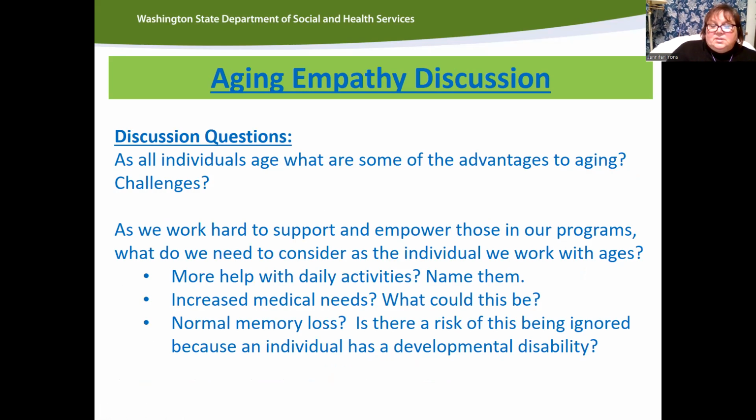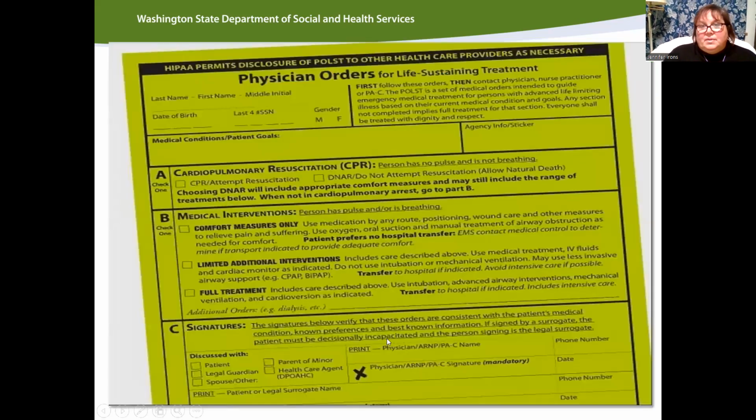What do we need to consider as the individual we work with ages? They're going to need more help with daily activities, increased medical needs, normal memory loss. Is there a risk of this person being ignored because an individual has a developmental disability? Who knows?